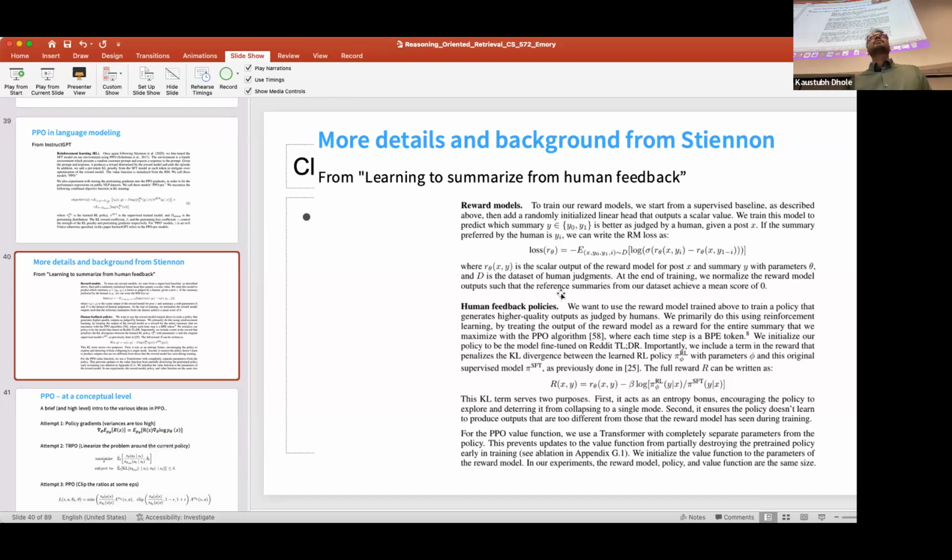We are optimizing the reward model's parameters here, theta, with how much it can give a high reward. Essentially we take these preference annotations between a good response and a bad response, and we take the difference and use that to update the parameters of our reward model.